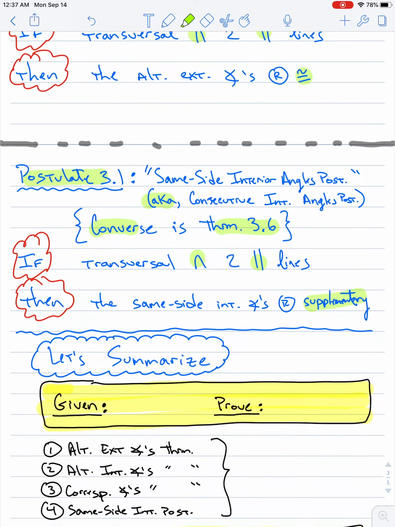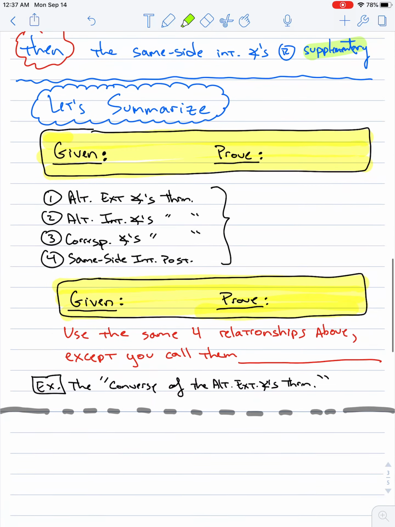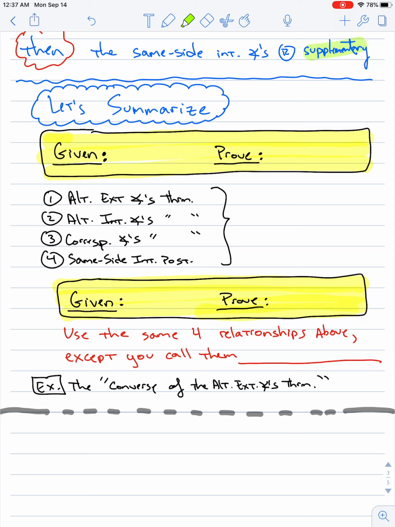Okay, why do we go over these 4 theorems? Okay, this is where my moment comes up. Because you are going to be working with proofs. And sometimes you are going to be given in a proof the fact that you have parallel lines.